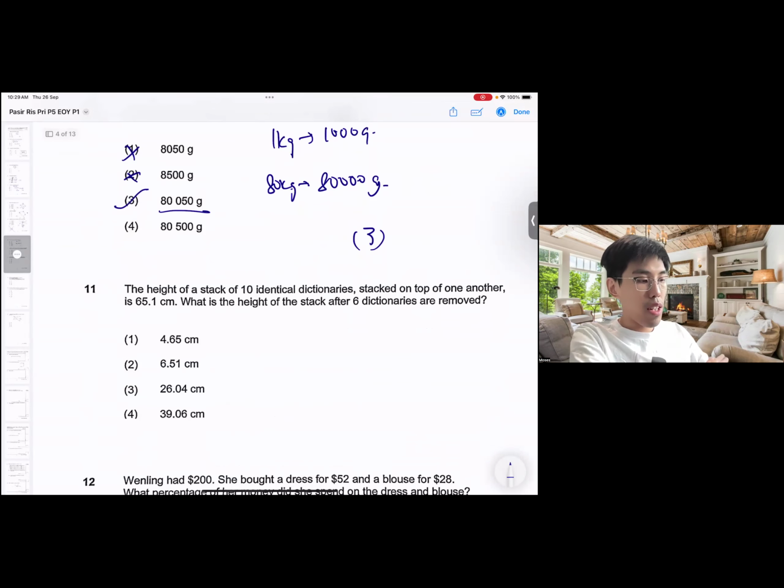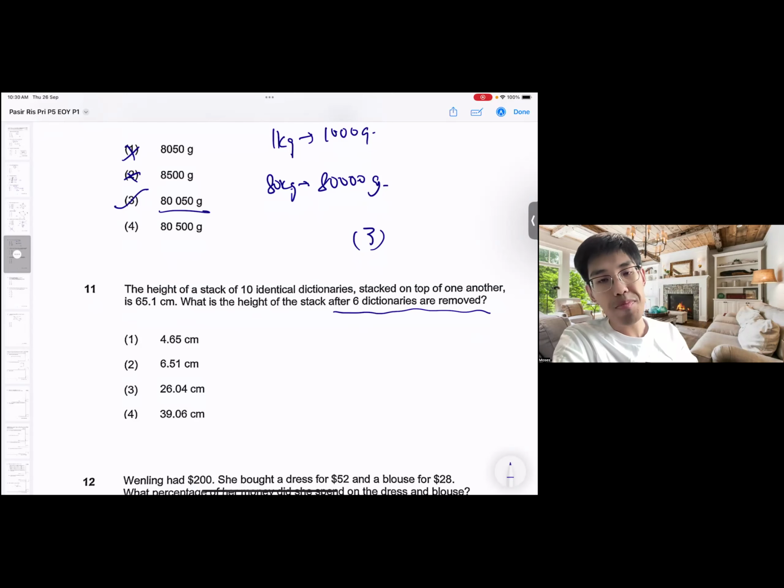The height of a stack of 10 identical dictionaries stacked on top of one another is 65.1 cm. So what is the height of the stack after 6 of them are removed? Got to read carefully. It's not finding the height of 6, but it's the height of 4. So 10 is 65.1.